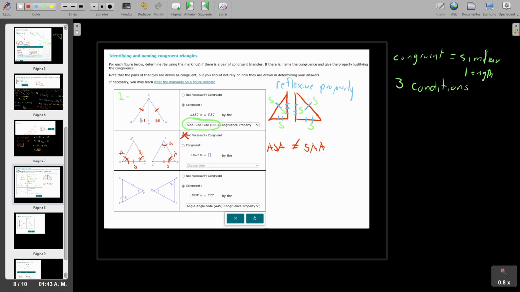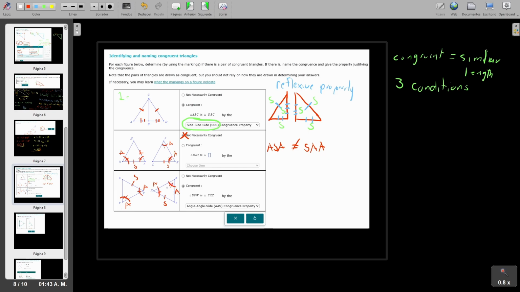Okay? Now we go to the third part, to the third triangles. We have a condition here that is 2, a condition here that is 1, and a condition here that is 1. It's a side, an angle, and an angle. Now we analyze the next one. Angle 1 and angle 1 are the same. We have again an angle, we have a side, and then we have another angle.